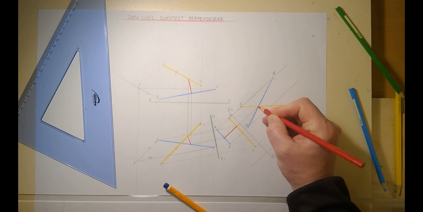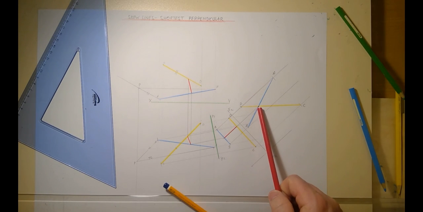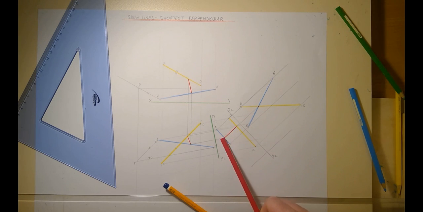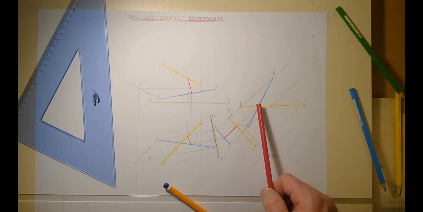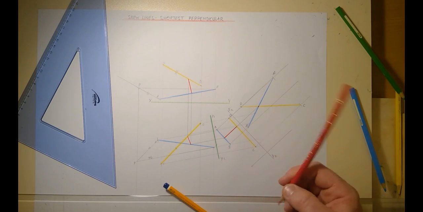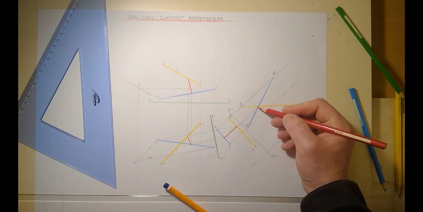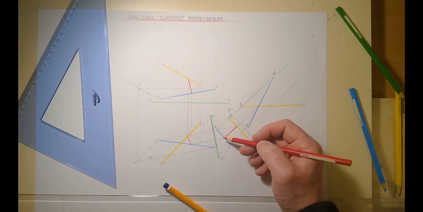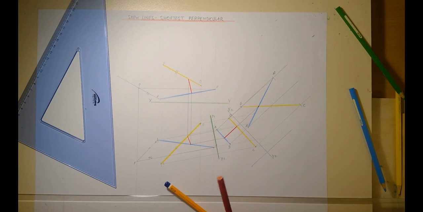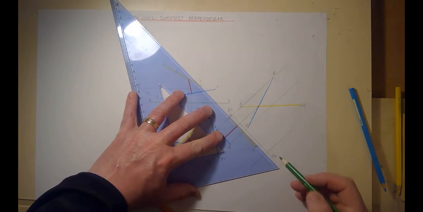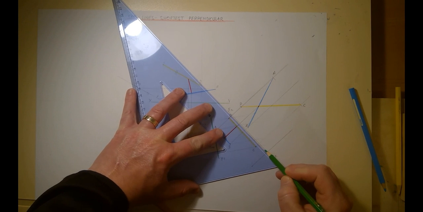That's it as it appears as a point, and that's it as a true length. Normally what we would do is look along a true length to find a point view, but in this one we get it as a point here, and then we work backwards and project it back into the other views. So that's the skew lines' shortest perpendicular line. I'll just finish off my X2, Y2 here in green, the same as the other ones.